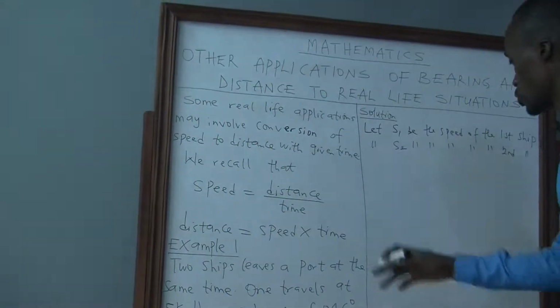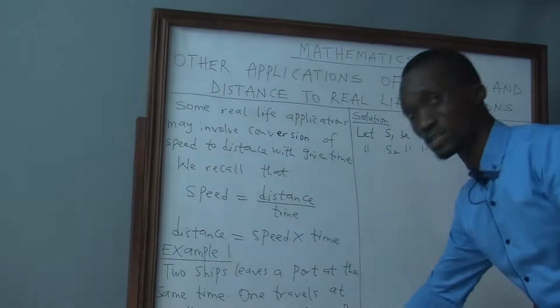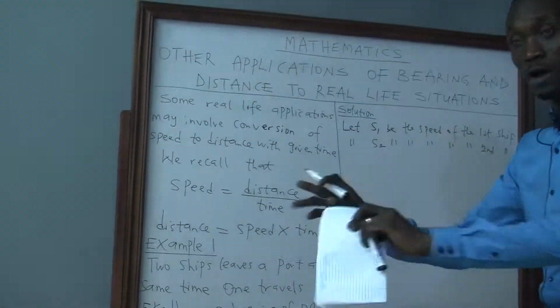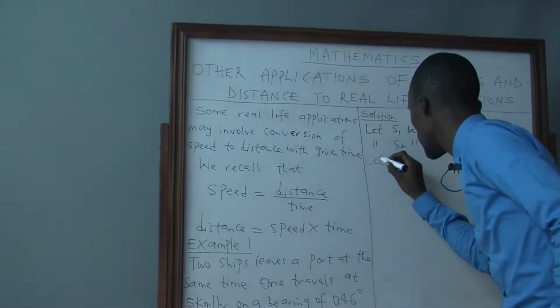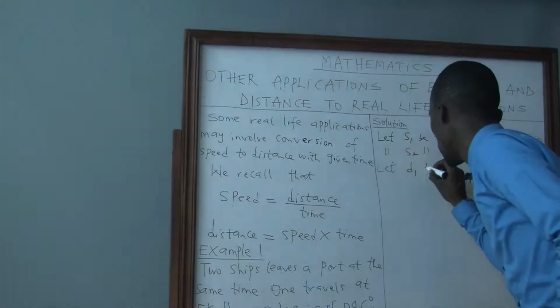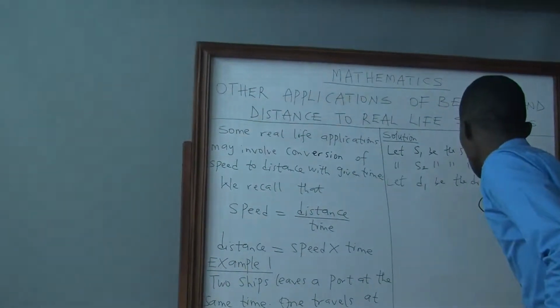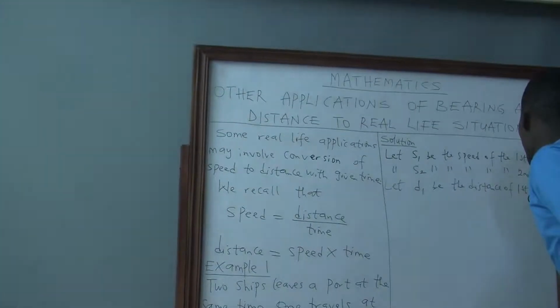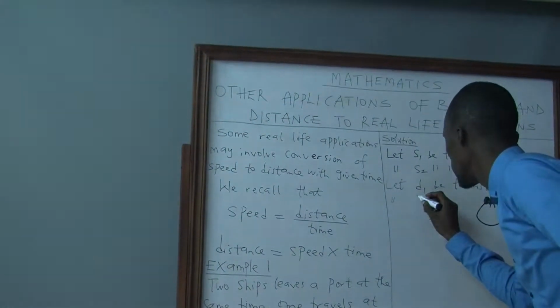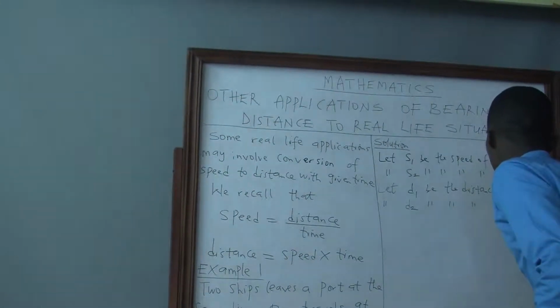Now for the time, since we are considering 2 hours, we don't need to represent 2 hours with T1 and T2. So 2 hours for the first one, 2 hours also for the second ship. So we write something else here that let D1 be the distance of the first ship, and let D2 be the distance of the second ship.